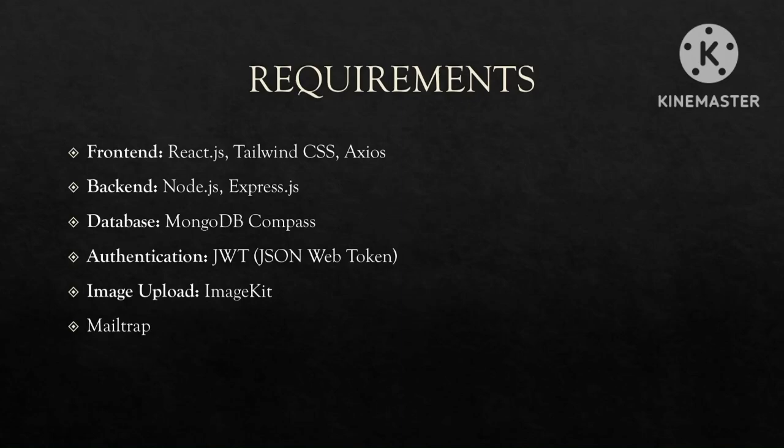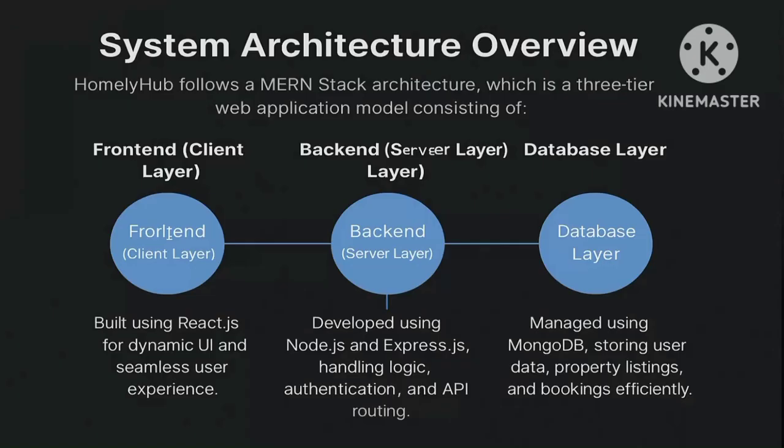System architecture overview. Homely Hub follows a MERN stack architecture, which is a three-tier web application model consisting of front-end, back-end, and database layer, or we can say client layer, server-side layer, and database layer. The front-end layer, or client layer, is built using React.js for a dynamic UI and seamless user experience.